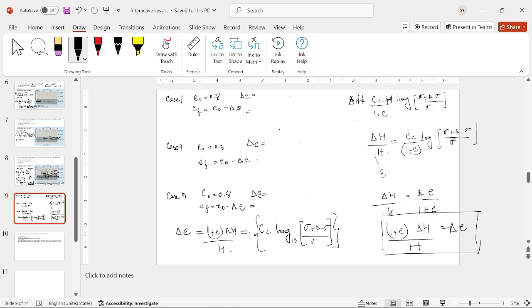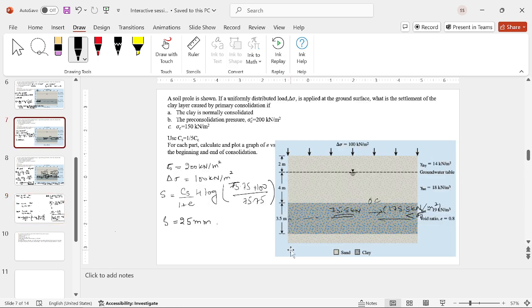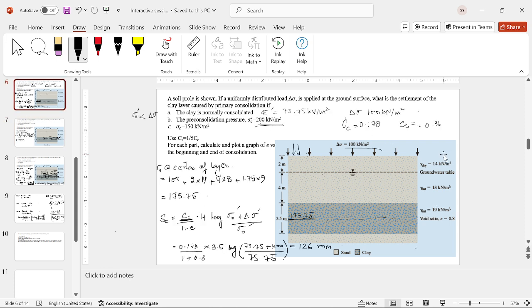So the first one is, how much was Cs? No, the first one is the Cc. 0.178 into log of 175.75 over 75.75.